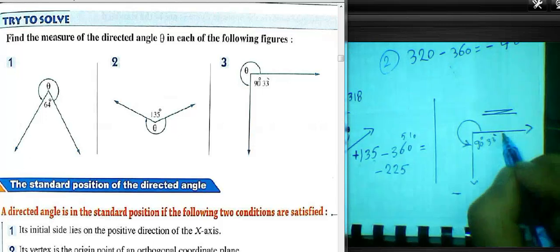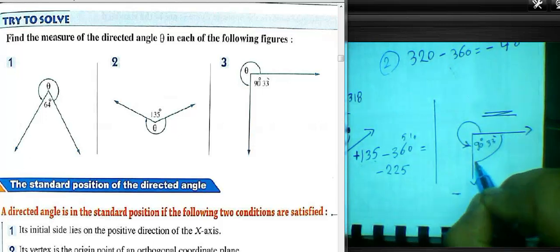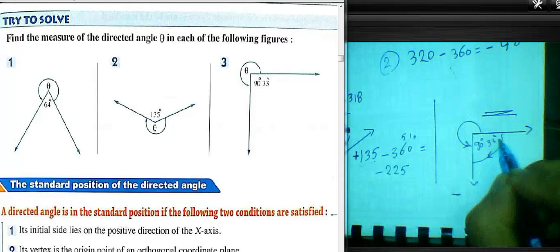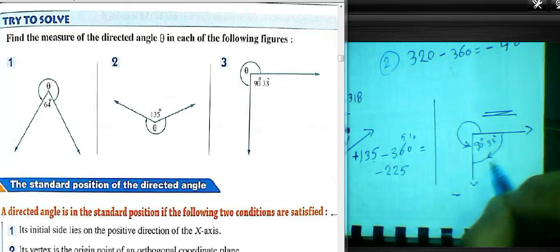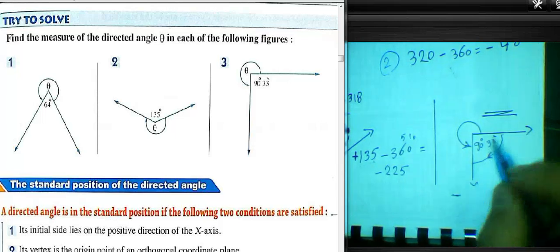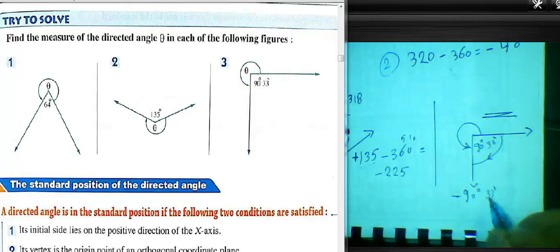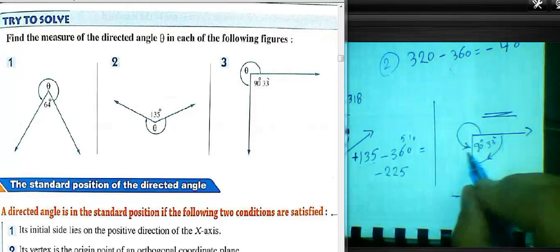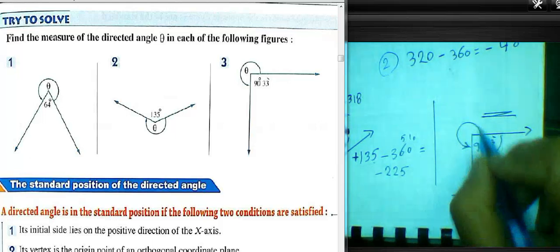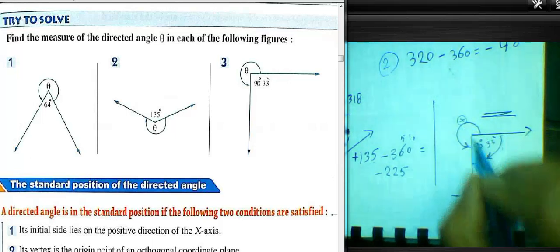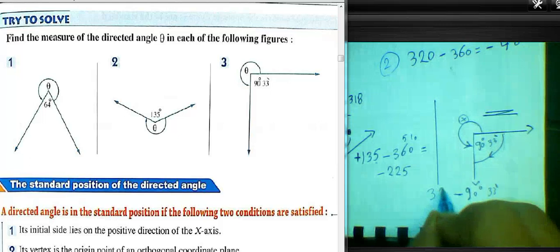This will be negative because it's coming with clockwise, negative 90 degrees 33 minutes, and this sign will be positive, so we can put here 360.